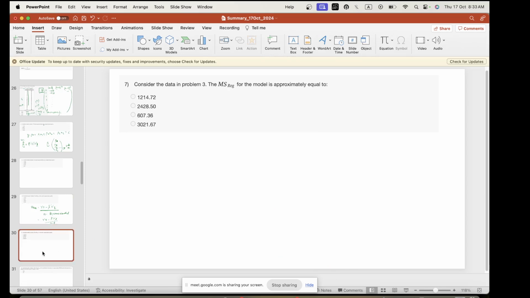This one, MS regression for the model is approximately equal to how much? So SS regression will be SST minus SS residual. So it was actually beta hat transpose x transpose y.